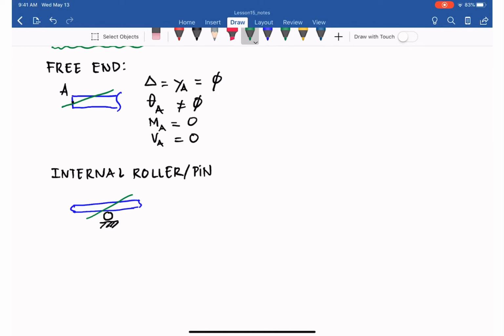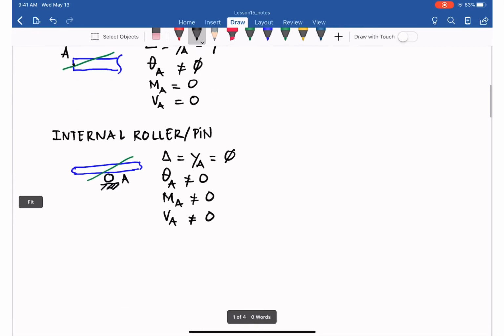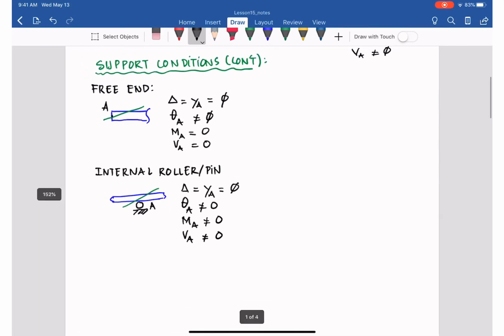So with that, what do we have? At the roller, delta at that point A, the vertical deflection at point A, is 0, right? With the roller support, nothing. Theta A, of course, is non-zero. Moment also non-zero, and of course VA equal to non-zero. So that is the fifth support condition we are talking about.